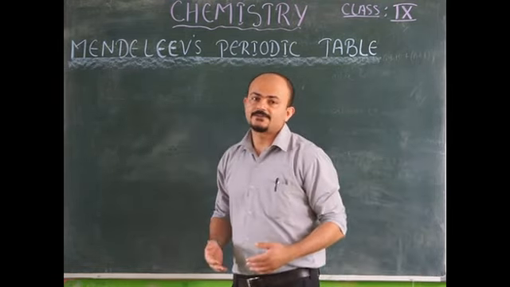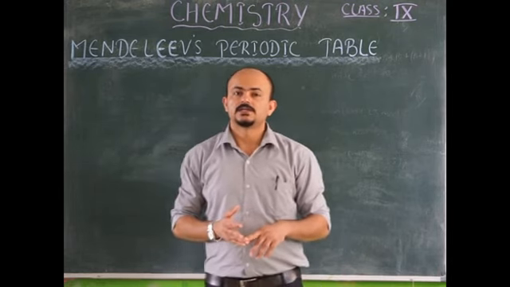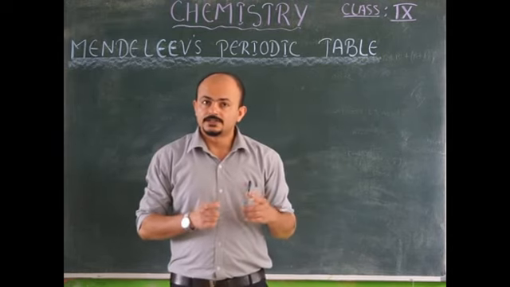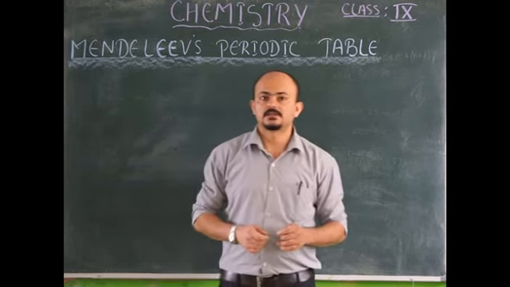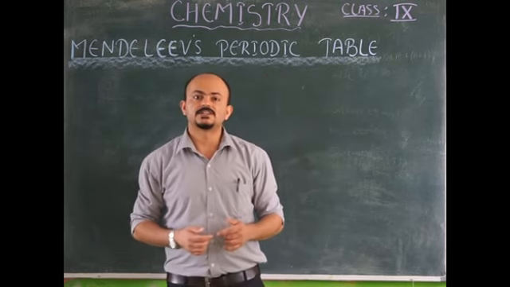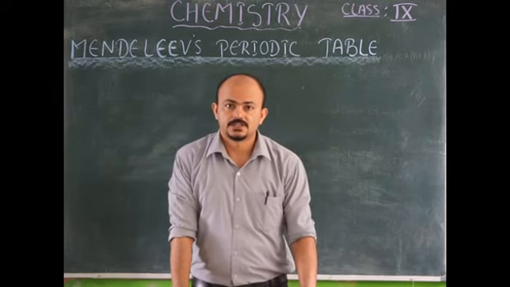So Mendeleev, after Newlands' theory and Dobereiner's theory, came up with the idea that these elements, after a certain interval, show a periodic function. That means there is repetition of properties.